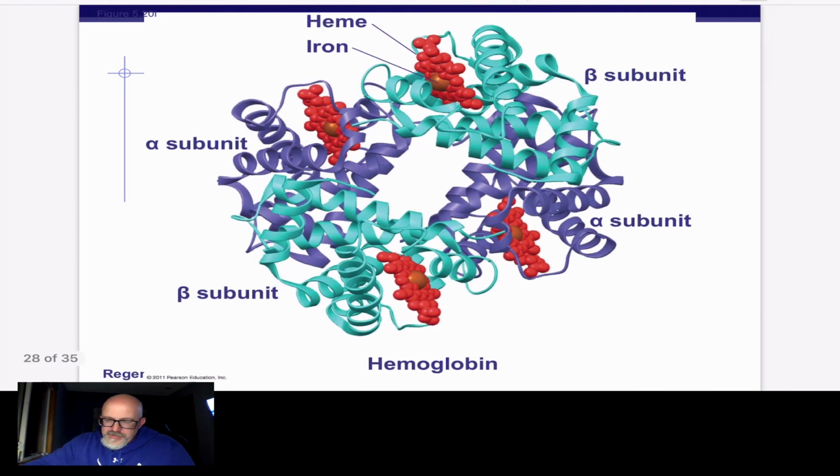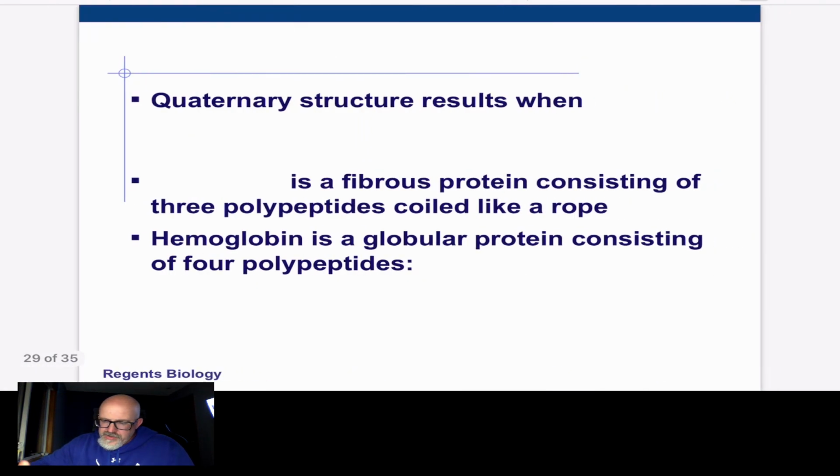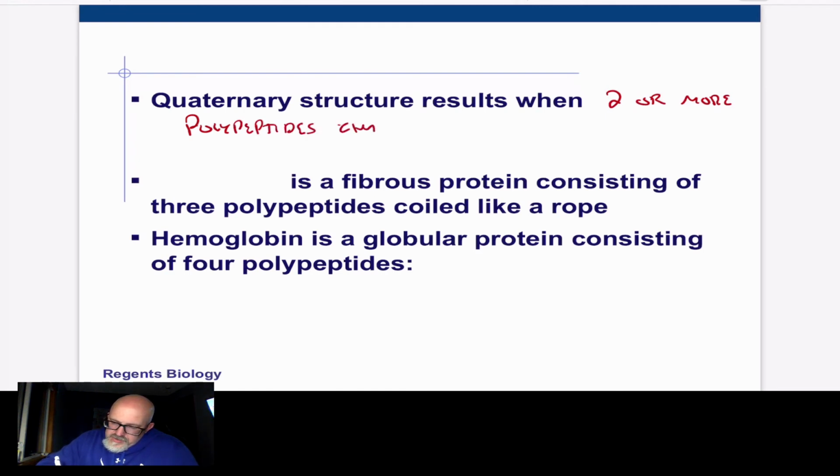Hemoglobin is a very common one. There are 4 subunits, and again, just another example. So when you look at all of those, the fourth level structure results when 2 or more polypeptide chains form one macromolecule.